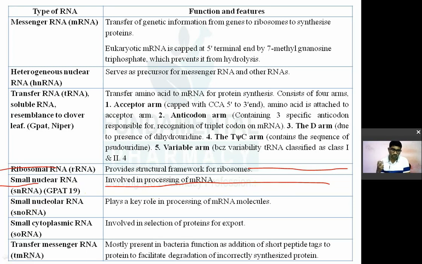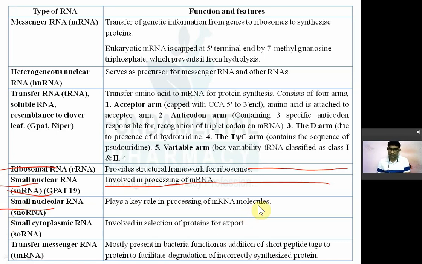It has a function of selection of proteins for export. जैसे एक बार प्रोटीन सिंथेसिस हो गया तो प्रोटीन का एक्सपोर्ट भी करना है ना, तो उसको बाकी काम के लिए निकालना है. So small cytoplasmic RNA is involved in the selection of protein for export.